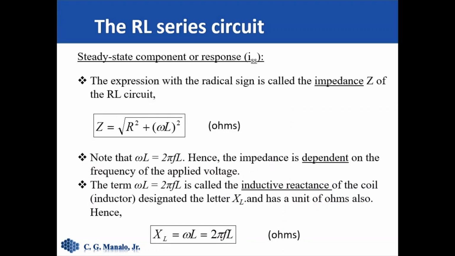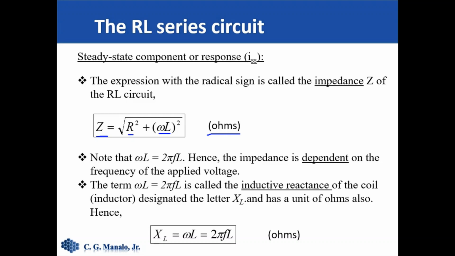We have some names for some of the expressions in our complete solution. For example, the square root of R squared plus omega L squared, we call the impedance of the RL circuit. The unit for the impedance is also ohms, by just looking at the units inside the radical sign.